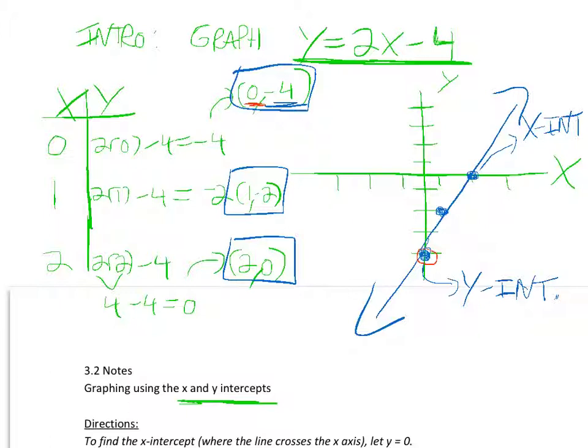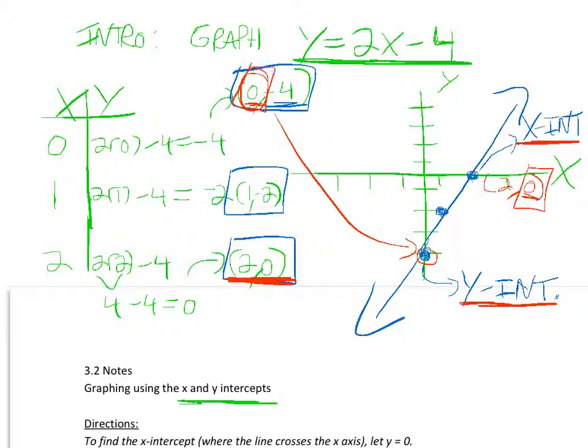So the x value is 0 at the y-intercept. For the x-intercept, this point here, this is 2, 0, which is this one right here. Now here, the y value is 0. That's always going to hold true. So at the x-intercept, the y value is 0. At the y-intercept, the x value is always 0. So they're kind of opposites there.